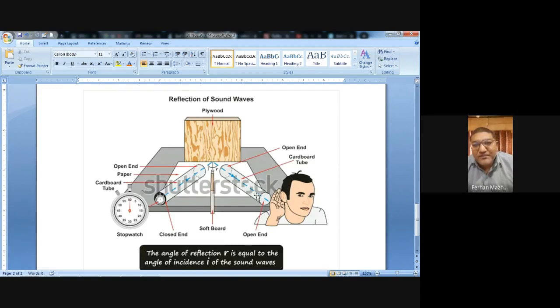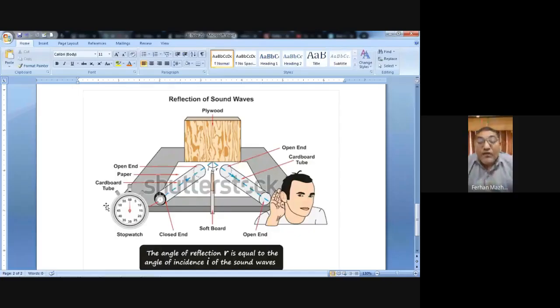We have taken a horizontal table, and on that table we have placed a white paper, as you can see in the diagram.